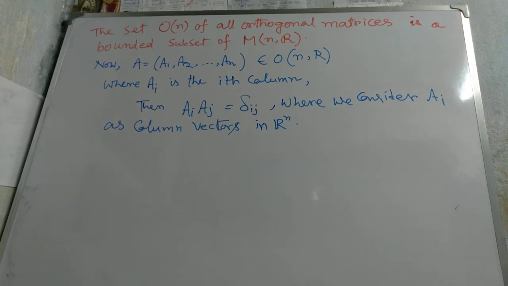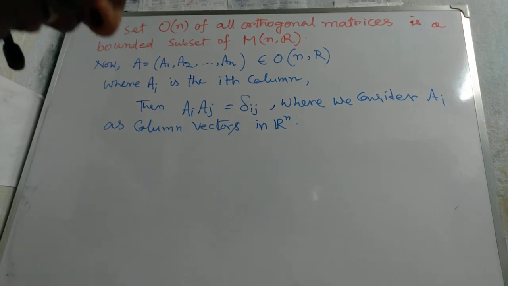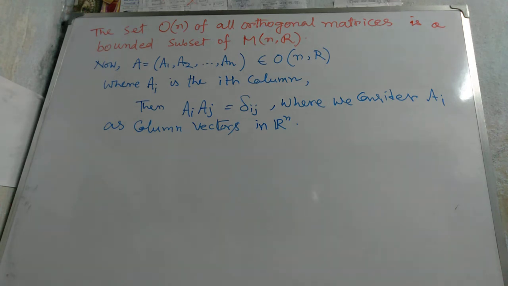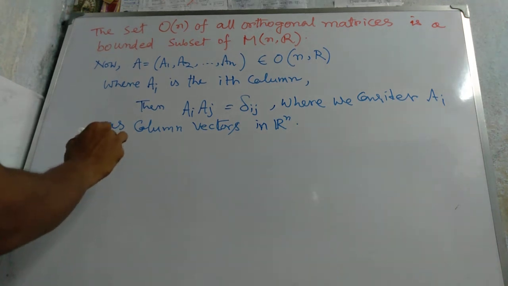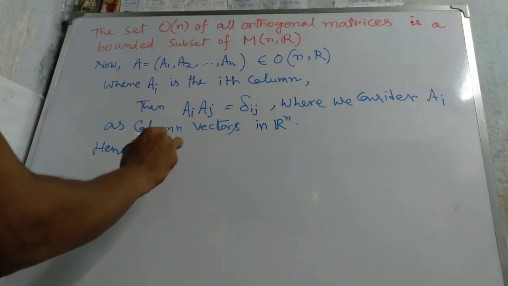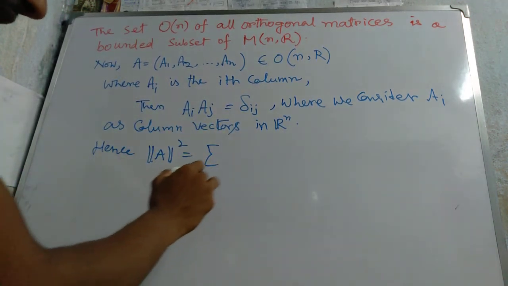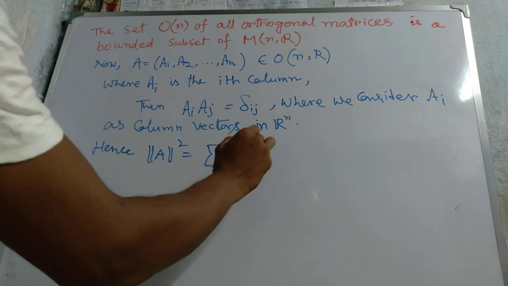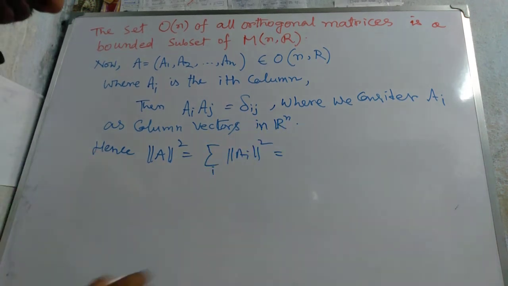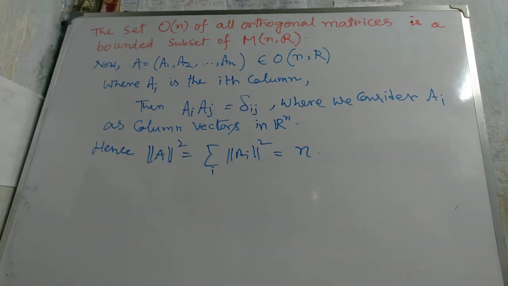Hence the norm of A squared equals the summation over i of norm of Ai squared, which equals n. Then we found that the set of orthogonal matrices is a bounded subset of Mn(R).